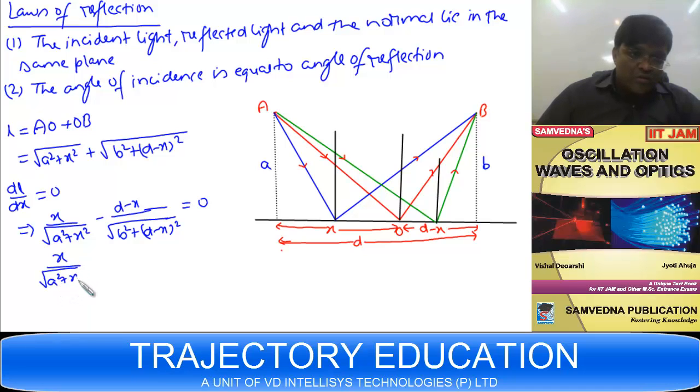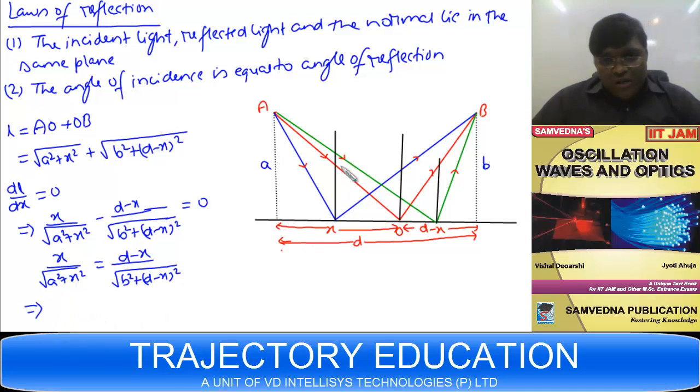Or we can write x upon square root of a square plus x square equals (d minus x) upon square root of b square plus (d minus x) square.